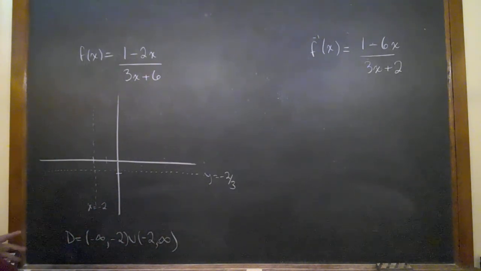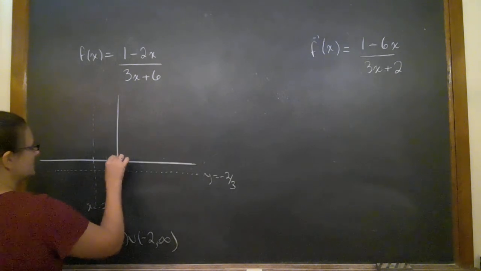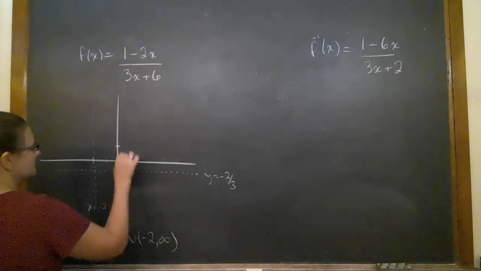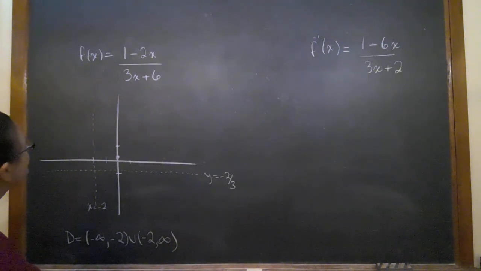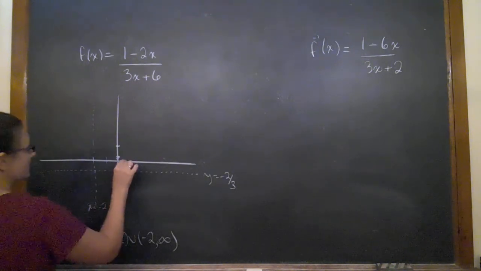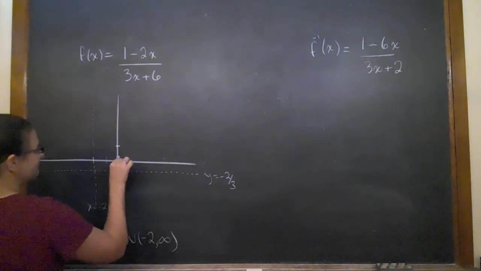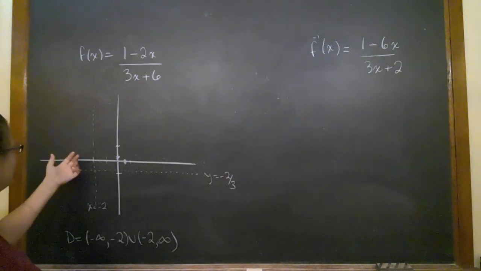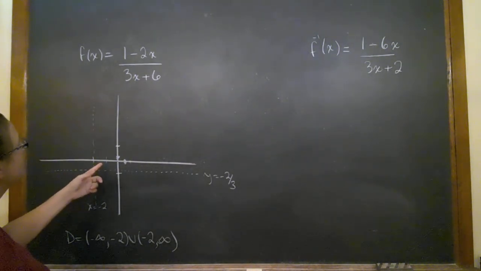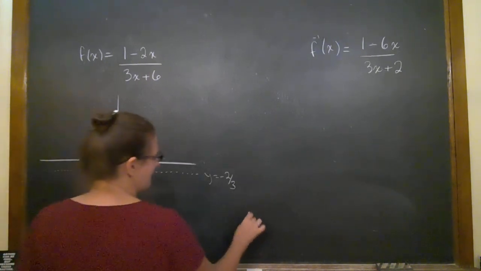We can fill this up a little bit really quick. If I take x equals 0, obviously this is 1/6, so that's pretty small down here. All right? Obviously, if I take x equals 1/2, I'll have 0 right in the top. So there's another point here. And then I can put in some other points just to get some idea. If I put in -1, what do I get?